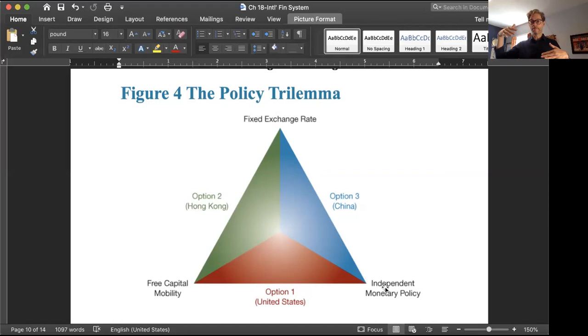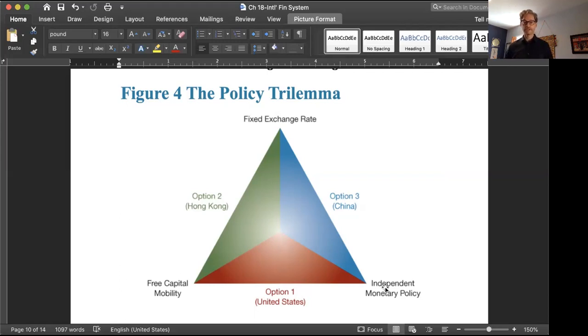Well, really what that would mean is that our exchange rate would be moving up and down too, right? There's no way that you can have capital mobility and independent monetary policy and a fixed exchange rate, right? Because if you have capital mobility and an independent monetary policy, when interest rates move up and down, it's going to force the exchange rate to move up and down. There's no way you can keep all of these three things at one time.